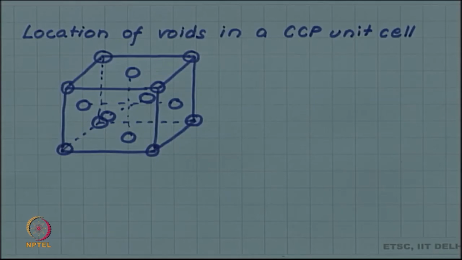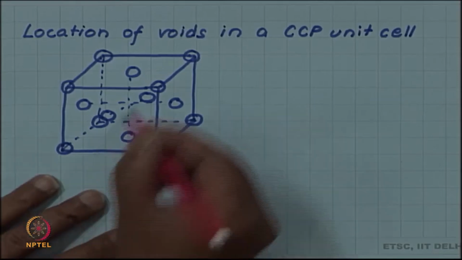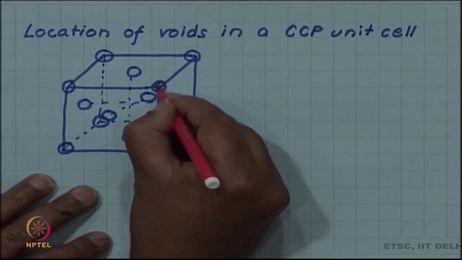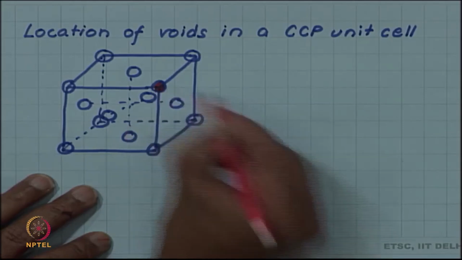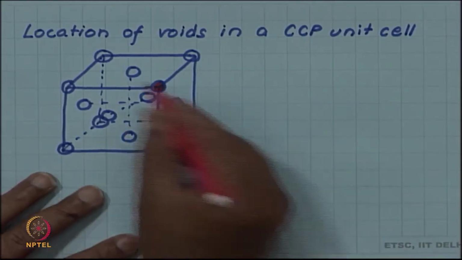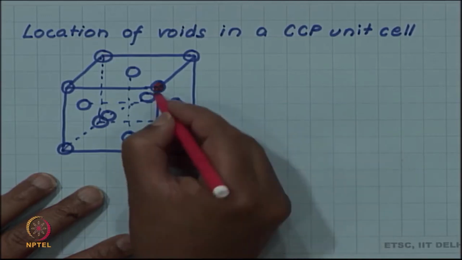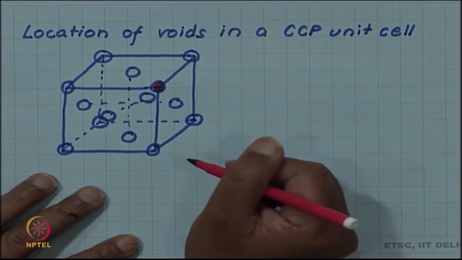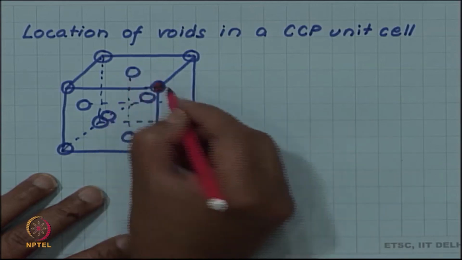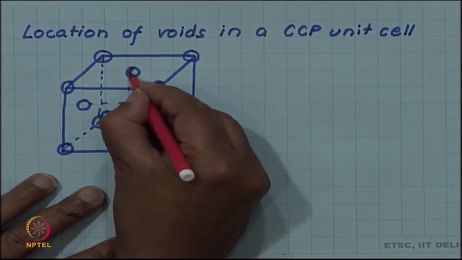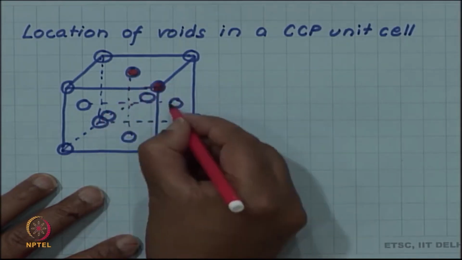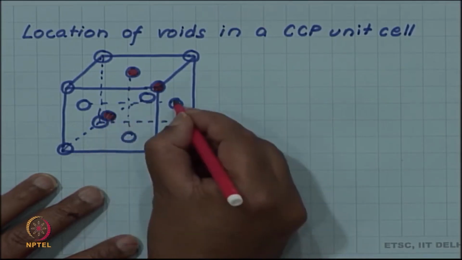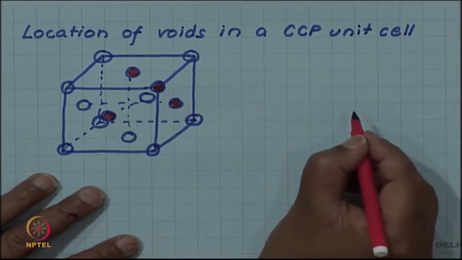Now, let us locate the tetrahedral void. Let us look at one corner, and at every corner 3 faces meet. In this corner the top face, the right face and the front face are meeting. Let us look at those face centers which are meeting at our selected corner: the top face center, the front face center and the right face center.